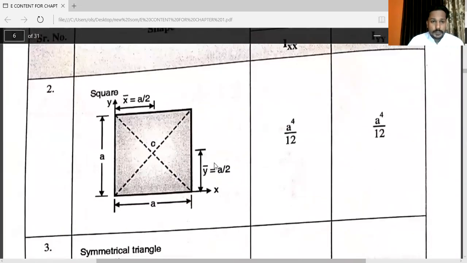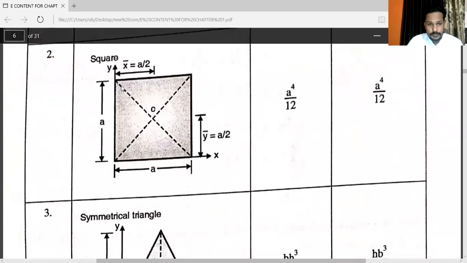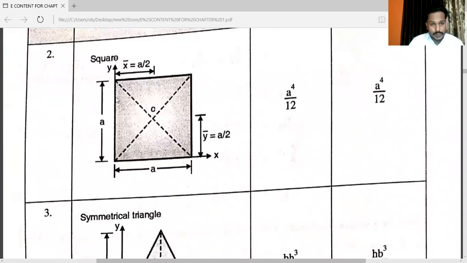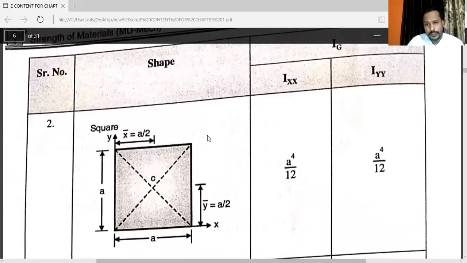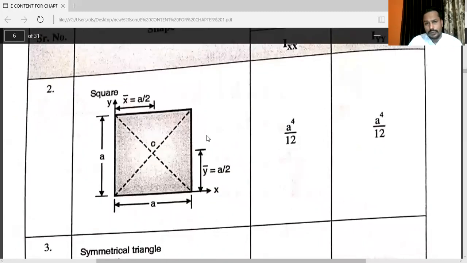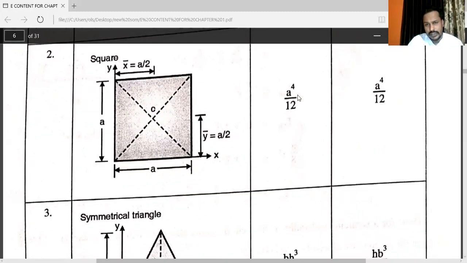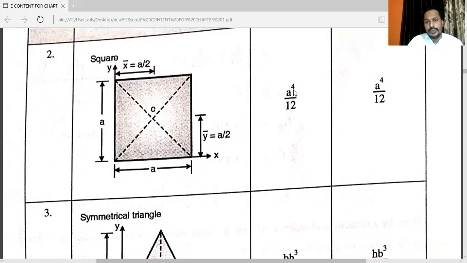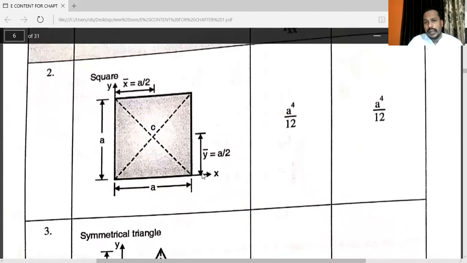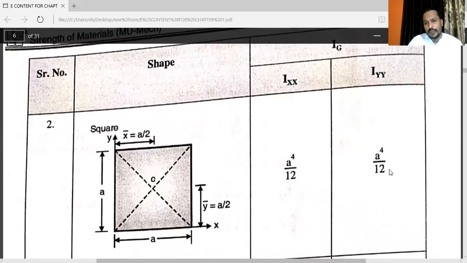Another shape is the square. The horizontal distance is A, the vertical distance is also A, because all sides of a square are equal. This is the point where the diagonals cut, that is the centroidal point. So X bar will be A by 2, Y bar is also A by 2. According to the proof, Ixx is equal to A raised to 4 upon 12 and Iyy is also A raised to 4 by 12.